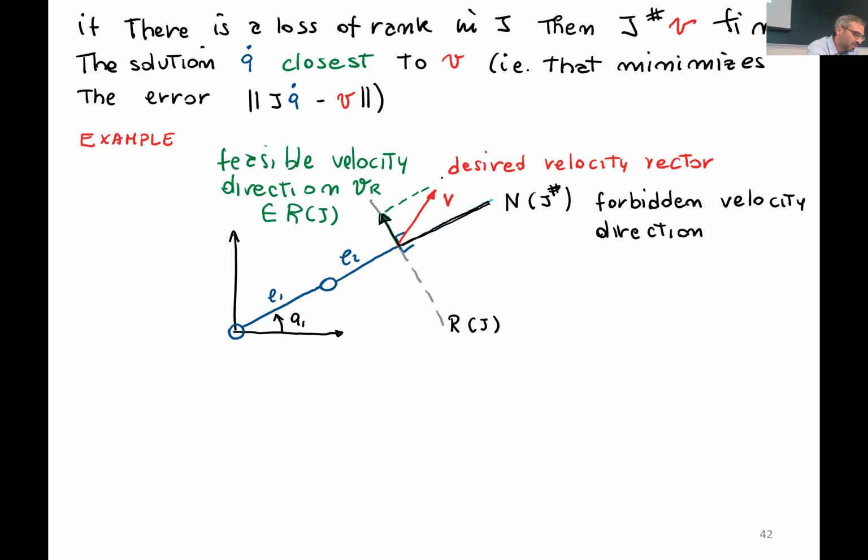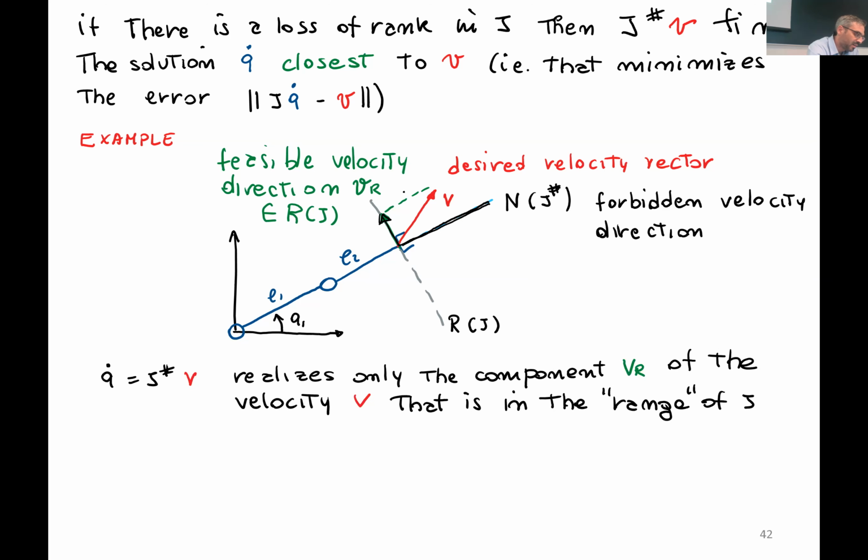So actually, whenever we do the pseudo inversion, we get the q-dot that realizes the range space component of the velocity.